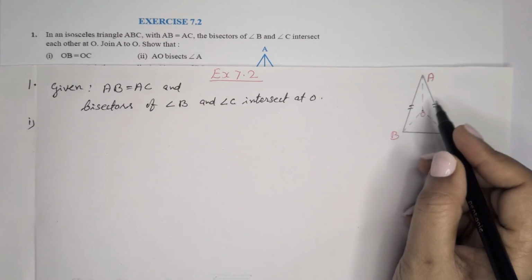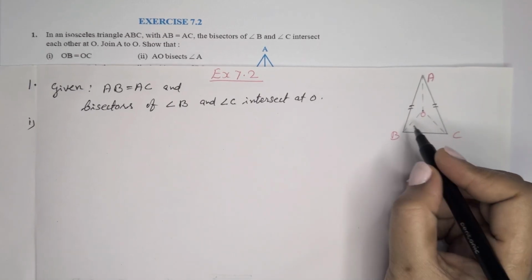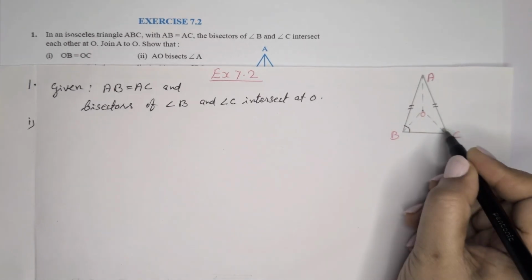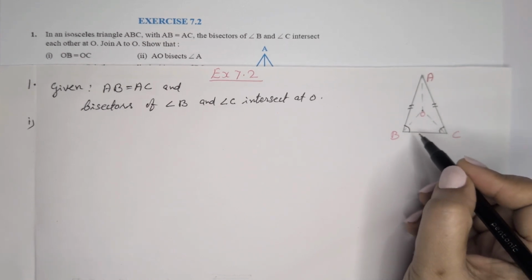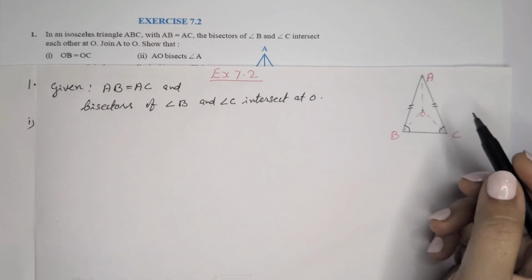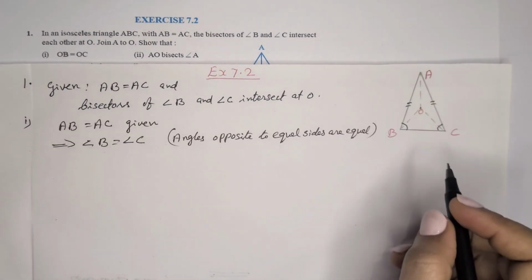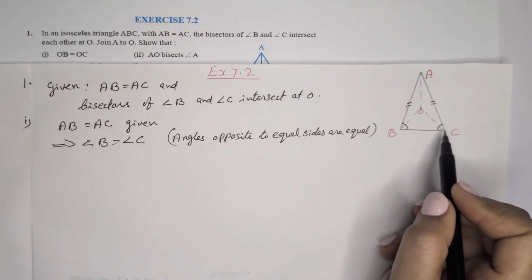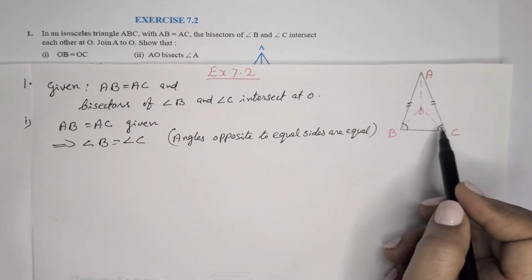From the first part, AB is equal to AC. These two sides are equal, which means these angles are also equal. Equal opposite angles of equal sides. So we can write angle B is equal to angle C. Angles opposite to equal sides are equal.